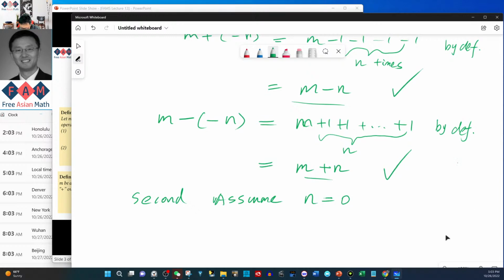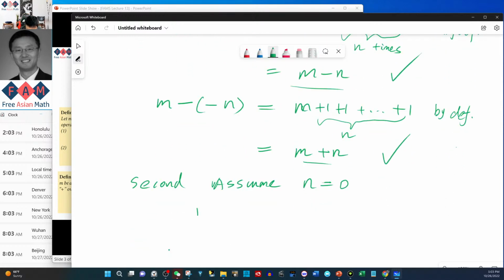So if n is 0, then m plus negation of 0. What is negation of 0? Negation of 0 is just 0, and m plus 0 is just m, but this is also the case as m minus 0, right? So once again, this is the same as m minus n, if n is 0.